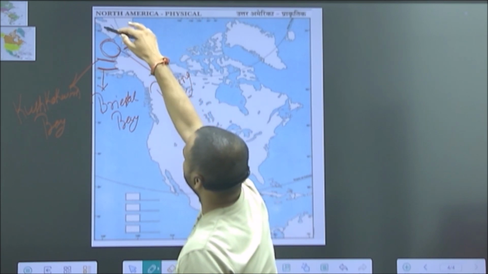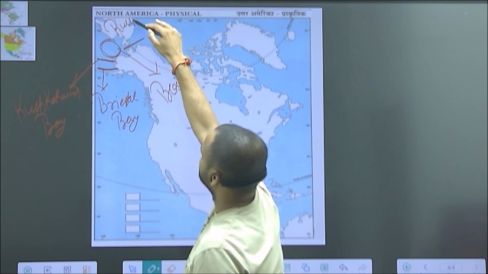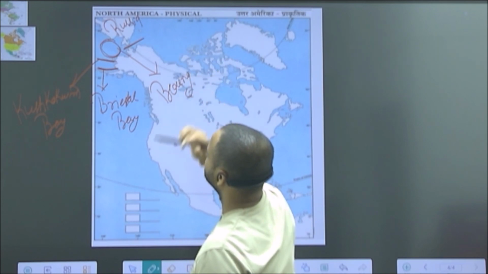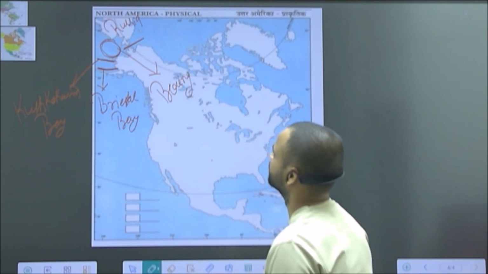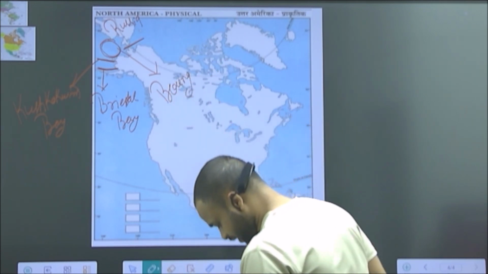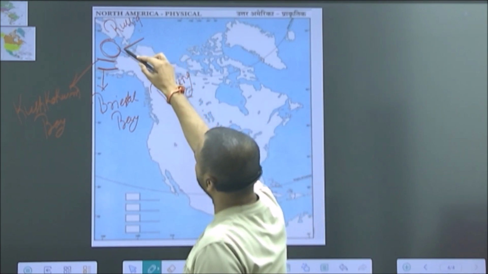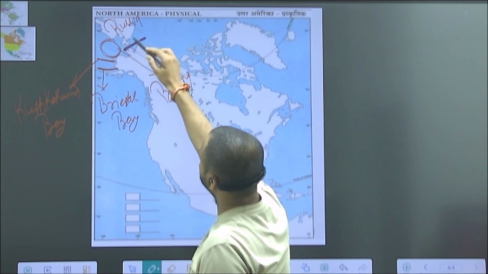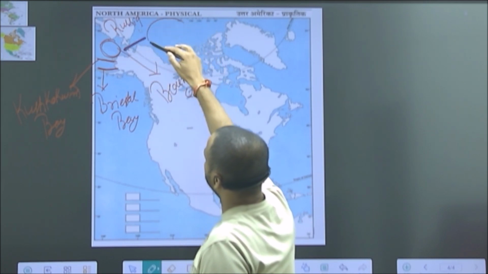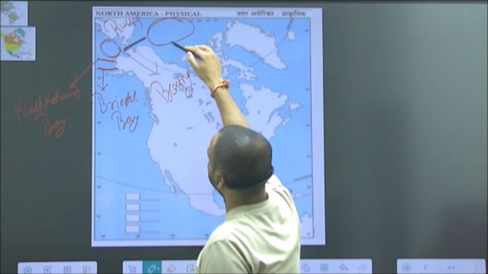This is part of Russia, and this is part of North America, which is Alaska. Alaska is part of USA. Here one water strait is situated, and also I have discussed it is Beaufort Sea.